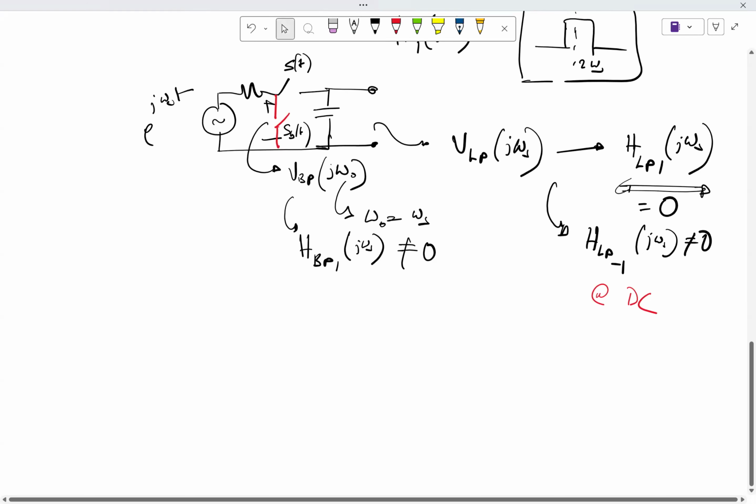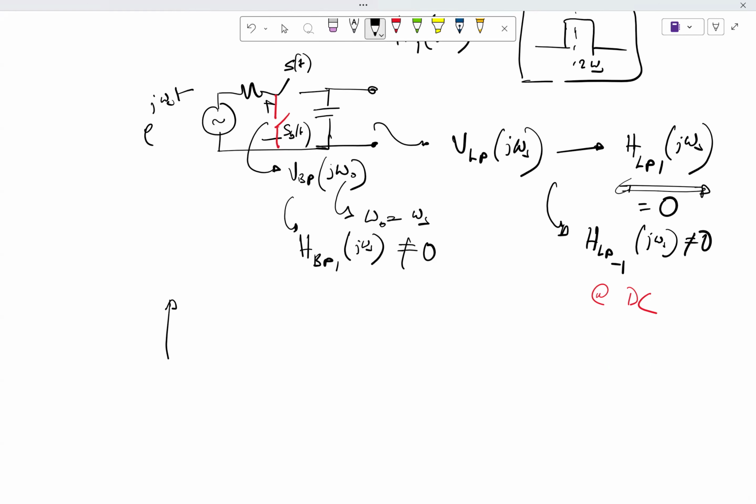Let me spend a couple of minutes on this. Let's say we are saying that HLP minus 1 is not equal to 0. You're okay with that? Which means that with respect to time, I have a flat line, and I'm multiplying this with S of t. What is S of t?